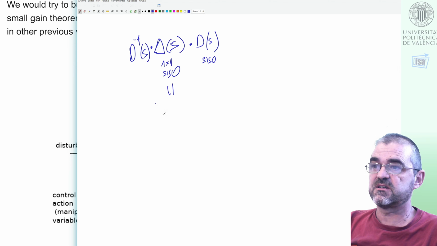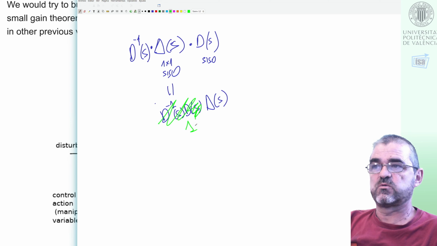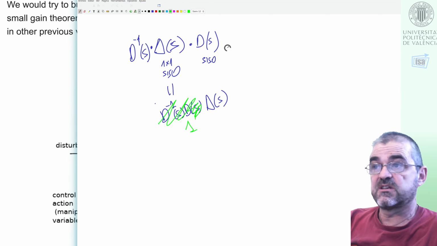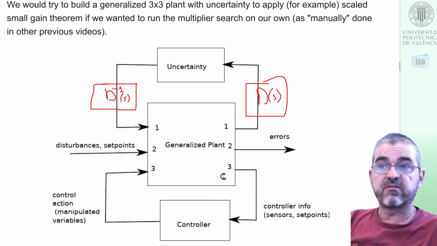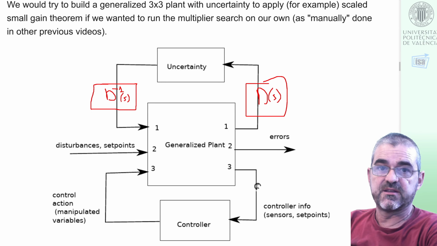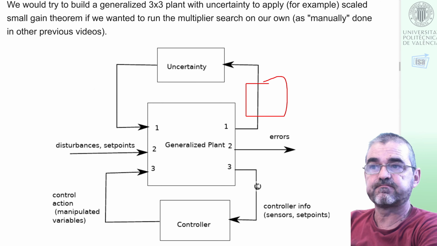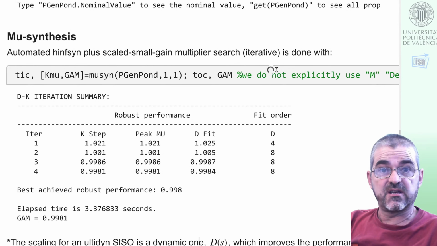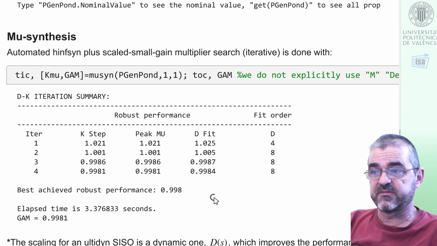So this is equal to this, and of course this is 1. This justifies that, from the point of view of blocks 2 and 3, putting a transfer function D and its inverse here does not change anything. D must be stable and minimum phase, but apart from those details, this means that we can use a dynamic multiplier, and internally it fits an 8th order scaling to prove robust performance.